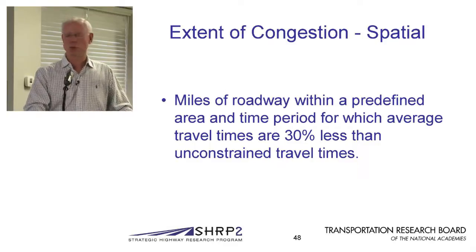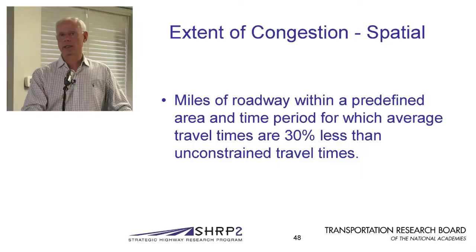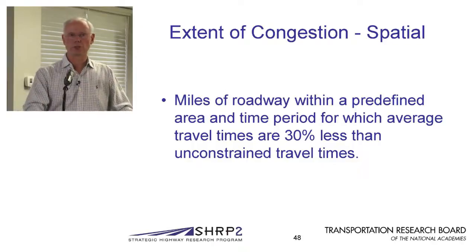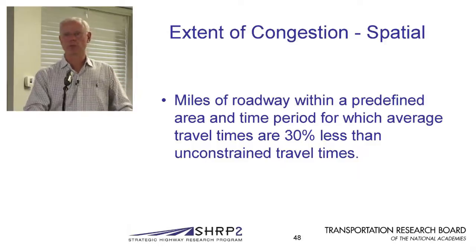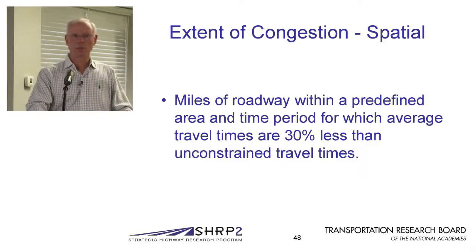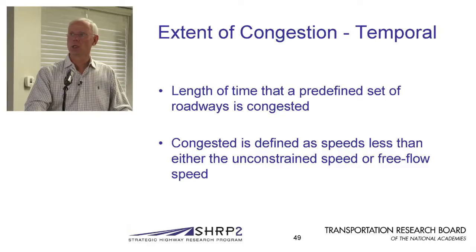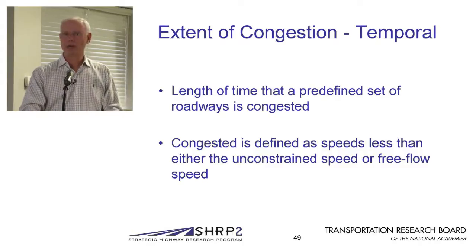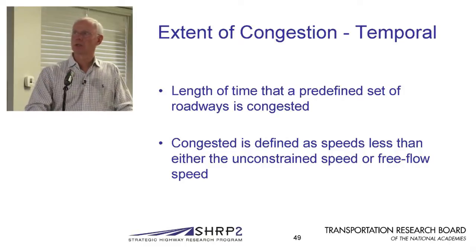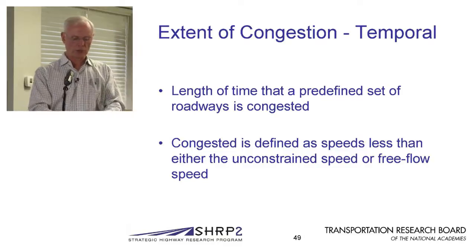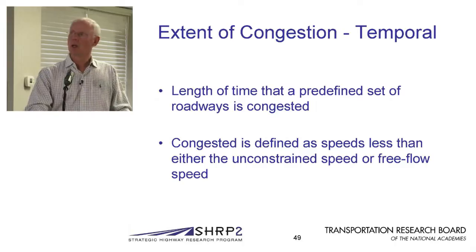If you're doing ramp metering, you don't necessarily want to back it up onto the arterial street. If you're looking at an exit ramp, you don't want to back that queue up onto the freeway. So the extent of congestion is an important measure. But the timing, the time that you have congestion, the length, if you will, of that congestion is also important. So looking at the length of time that congestion exists on some roadways is another aspect of it.